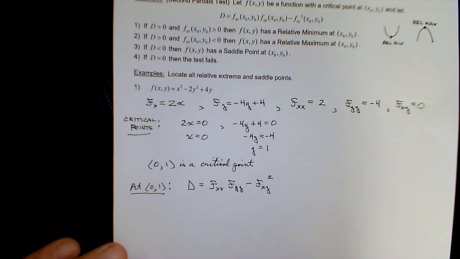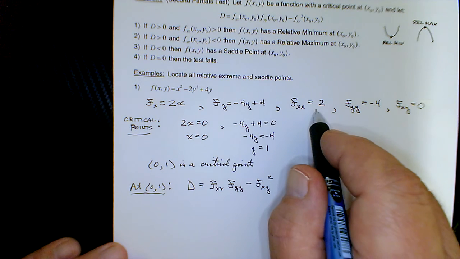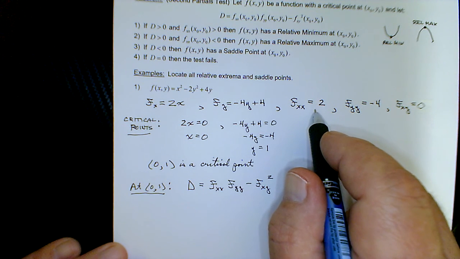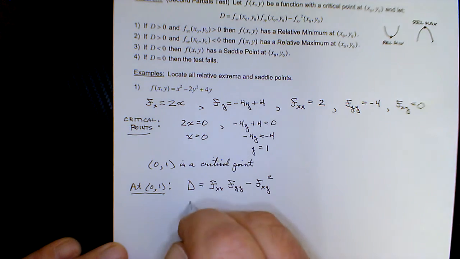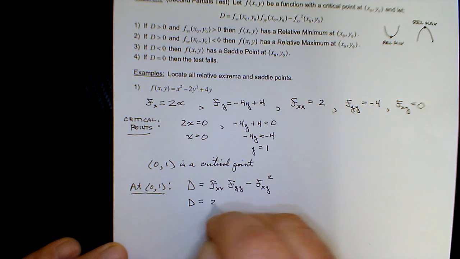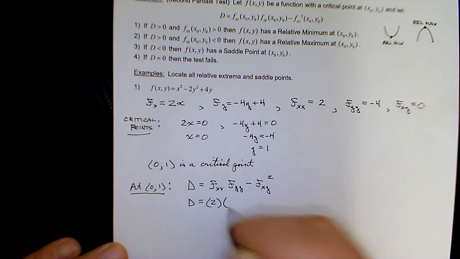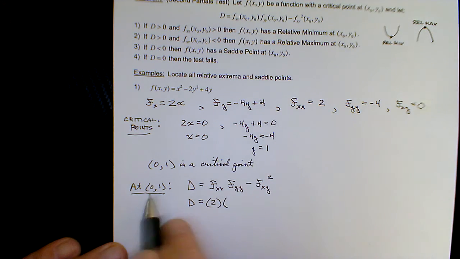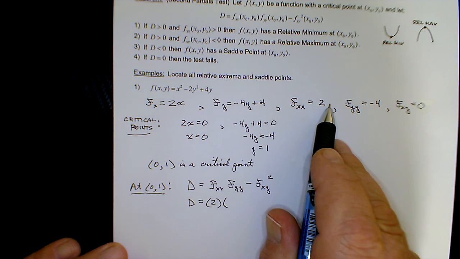And so at (0, 1), x is 0, y is 1. For f sub xx, it's just equal to 2, so there's nothing we're really substituting into. But if this were 2x, for example, we'd have to put a 0 in for x.